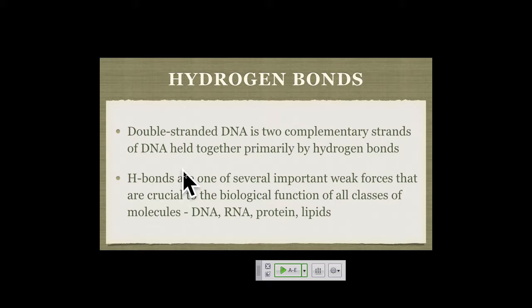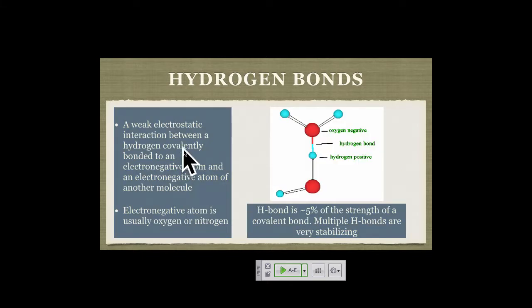So one of the most important for DNA is the hydrogen bonding. You've probably seen this from chemistry, just a little bit of a review in terms of what's happening in DNA. I kind of think of them like little molecular magnets. So you have an electronegative atom such as oxygen is a good one. A lot of times it can also be nitrogen.